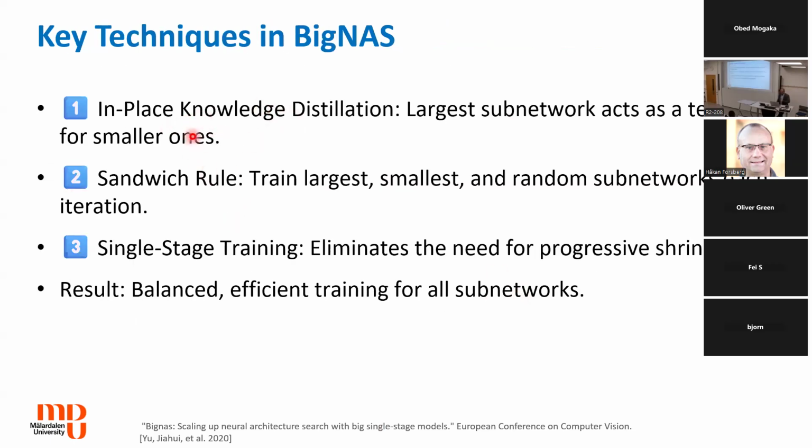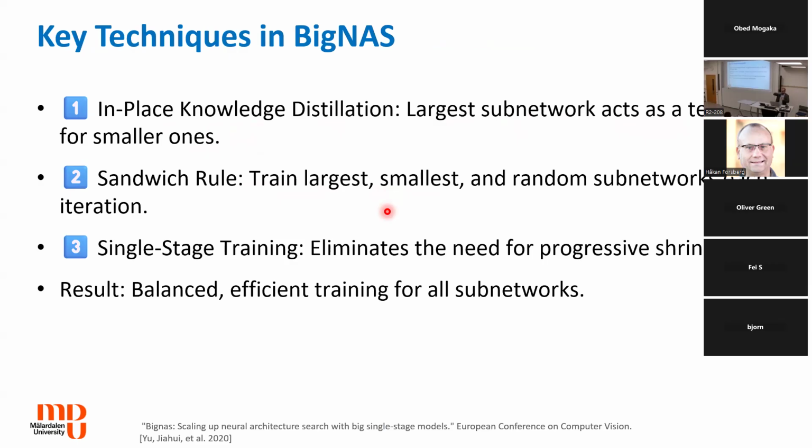So they had these three things: in-place knowledge distillation, where the largest subnetwork acts as a teacher for smaller ones; and a sandwich rule, which trains the largest, smallest, and random networks each iteration. The sandwich rule is another idea. To train these supernets, in each iteration we take the largest subnet, that is the supernet itself, the smallest subnet, as well as a few random subnets between the smallest and the largest.